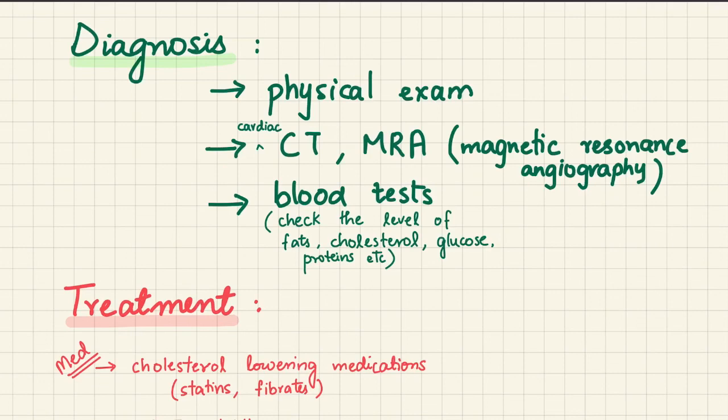So when that organ undergoes ischemia, it is going to show clinical symptoms, and that can be picked up by a physician. We can also do a cardiac CT and MRA, which is an angiography but a magnetic resonance angiography. We can also do blood tests and check the levels of fats, cholesterol and glucose, proteins, etc. to see the risk and also to have a clue if this is going to be atherosclerosis or not.